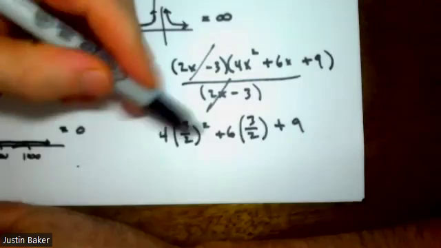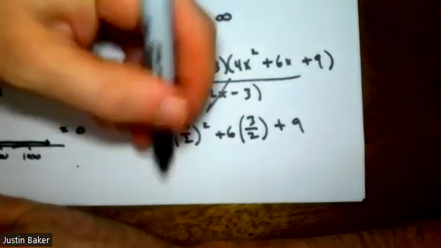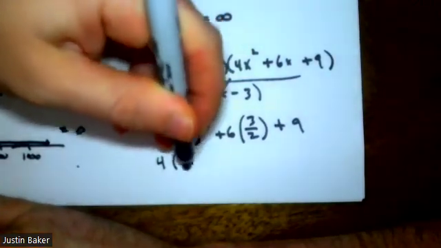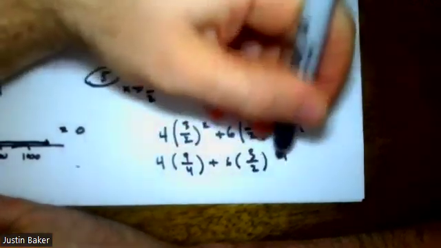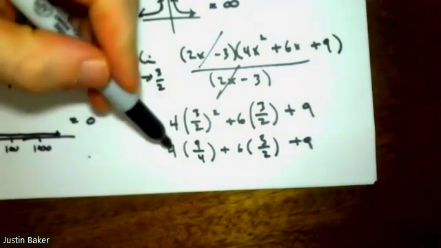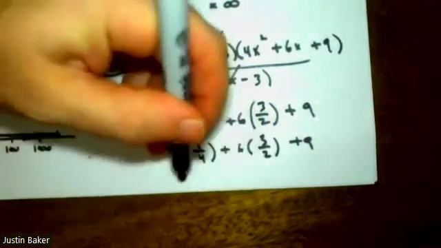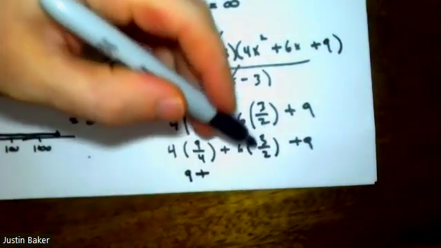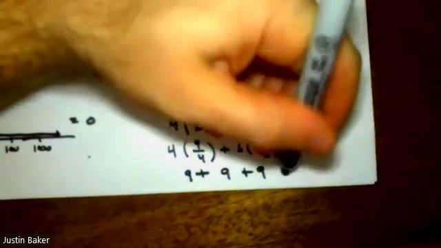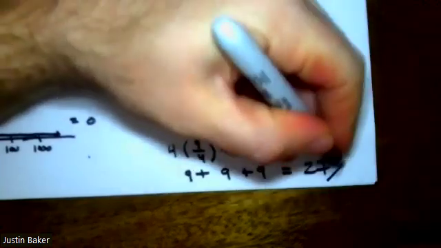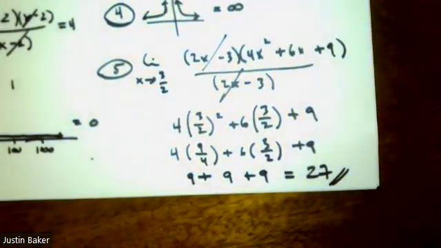If you square a fraction, back from our exponents video, hopefully that makes sense to say that that would give you 4 times 9 over 4 plus 6 times 3 over 2 plus 9. What does that give us? 4 times 9/4 is 9. 6 times 3/2 is 9. That last number is still 9. That gives us a grand total of 27.